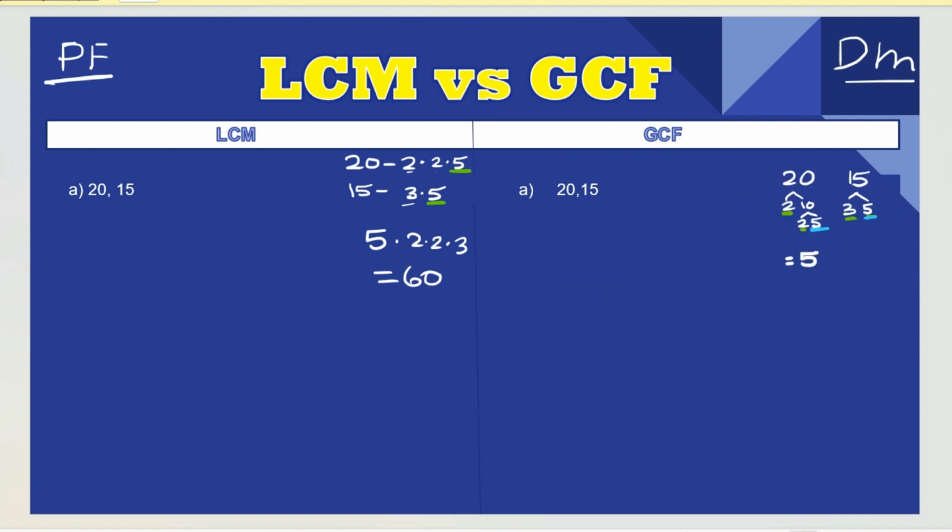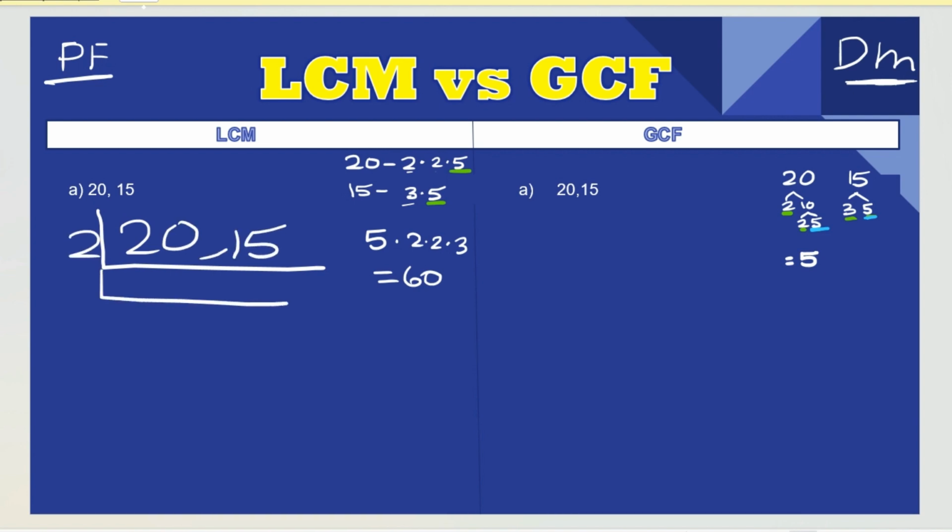Okay, so now the division method. LCM first. Again, remember, we make this huge L, put 20, 15 in it, then divide by 2. 20 is 10, 15. We can divide by 2 again. That's going to result in 5, and we can't divide 15 by 2, so we're just going to leave it.